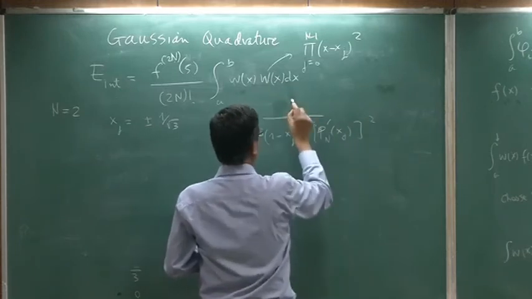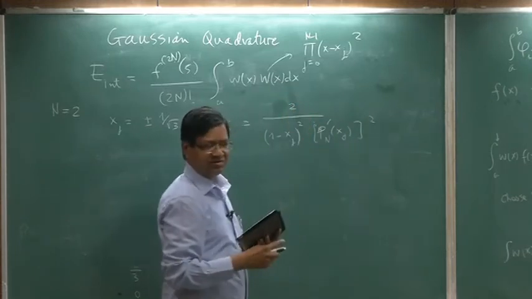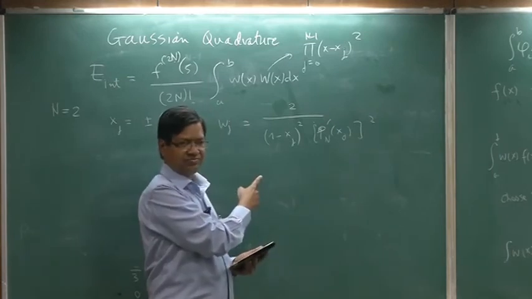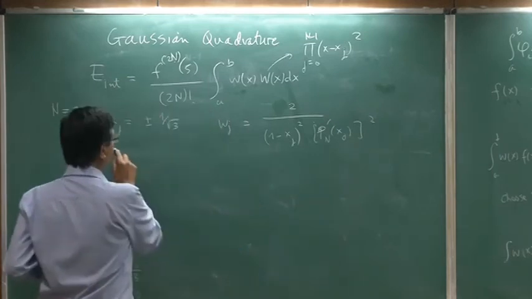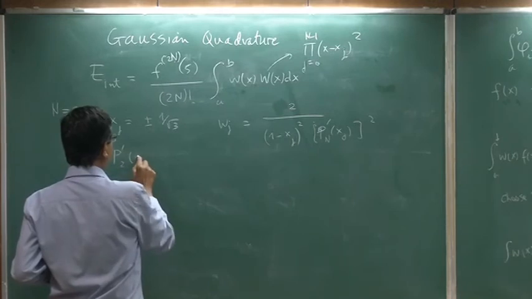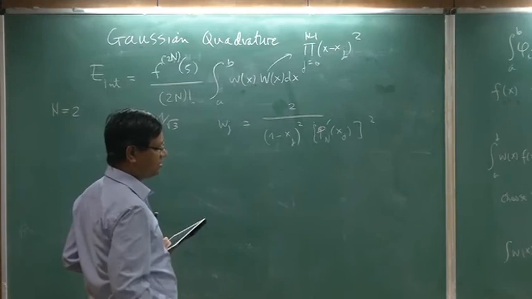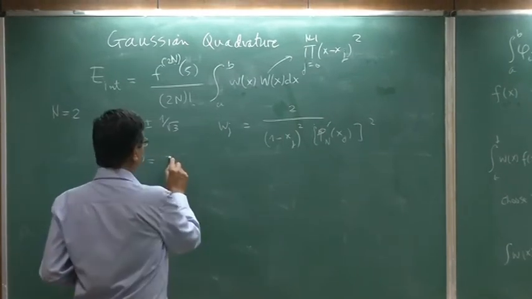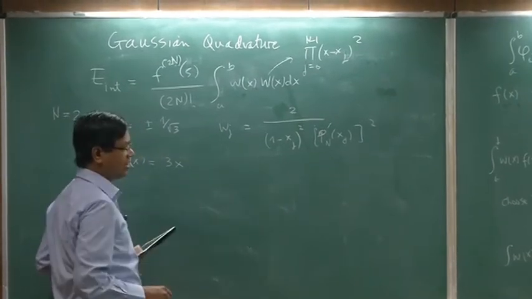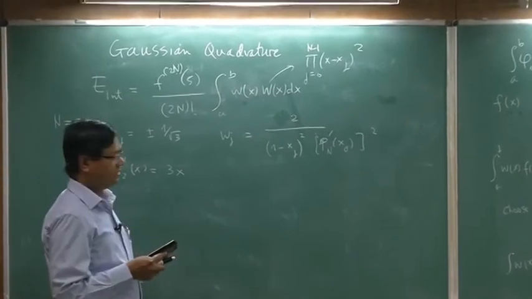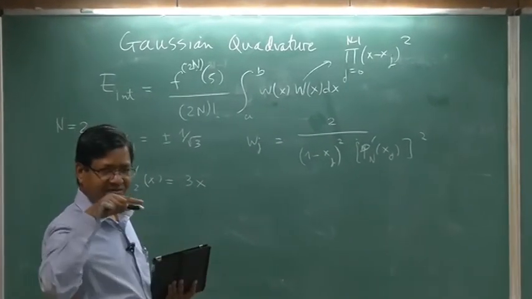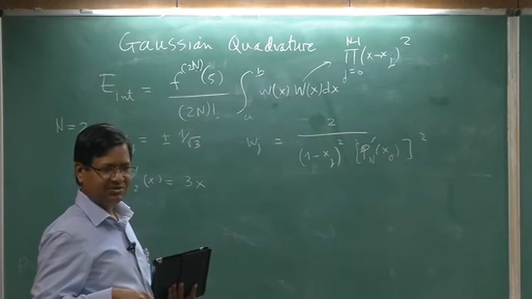This uses the property of Legendre, so this is specific to Legendre. So what is p prime 2 of x? Take the derivative of p2, it will give me 3x, so the 2 will cancel. Now I have to compute them at the abscissa points.